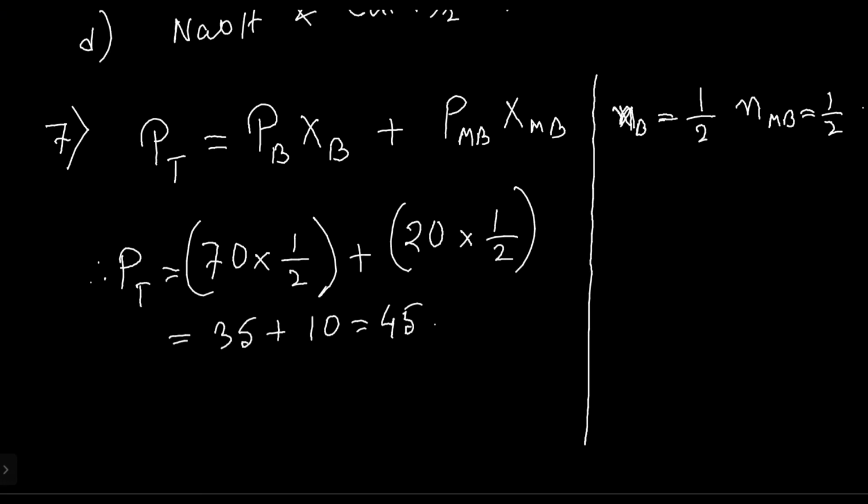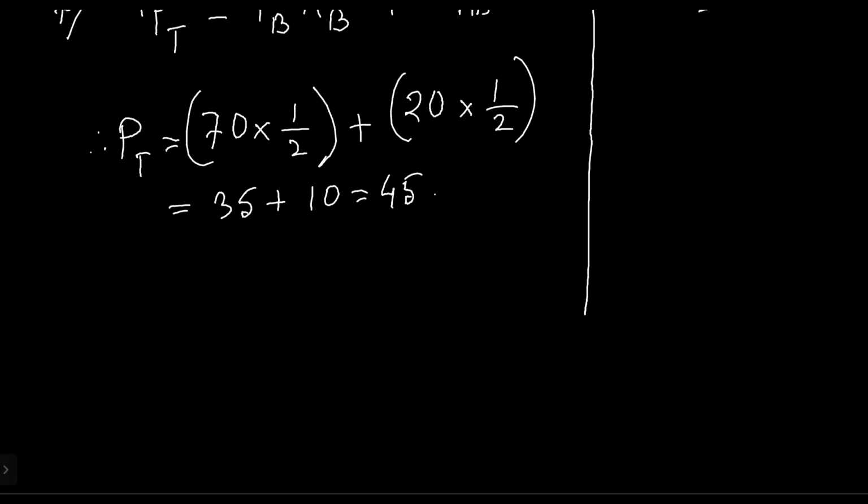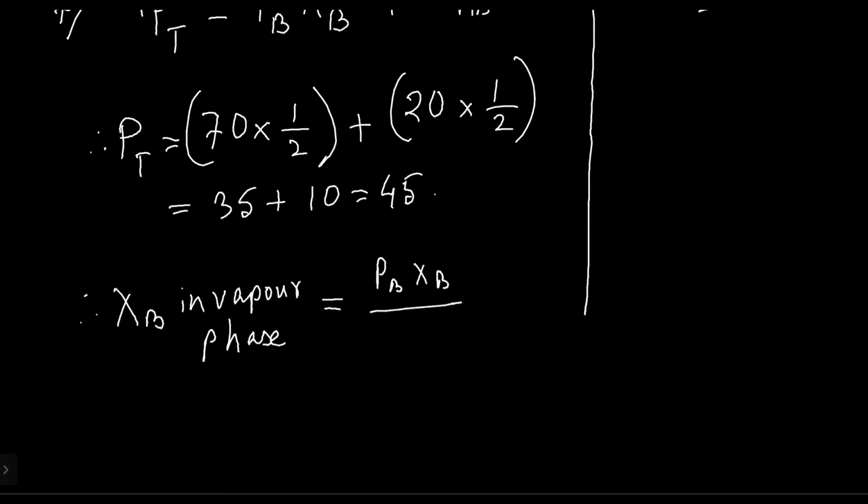Okay. Now what you have to find out finally is the mole fraction of benzene in vapor phase. So the mole fraction of benzene in vapor phase will be equal to PB XB by total pressure, PT. So PB means 70 into half.